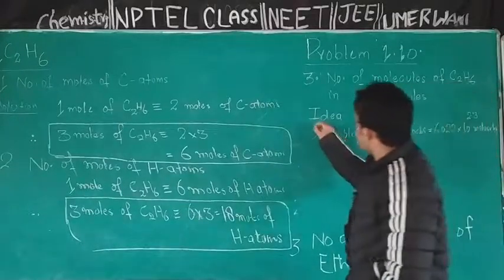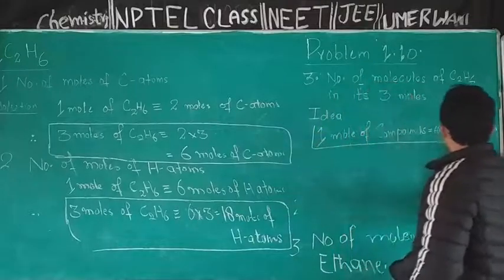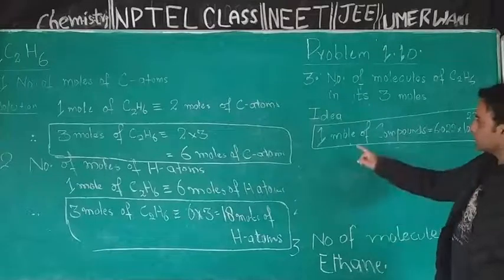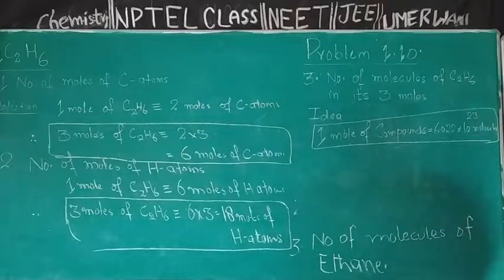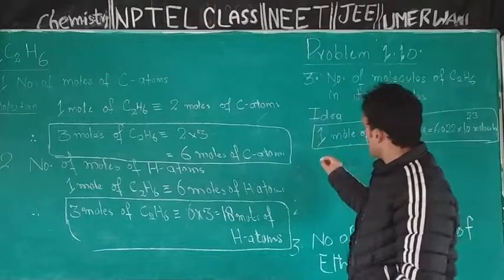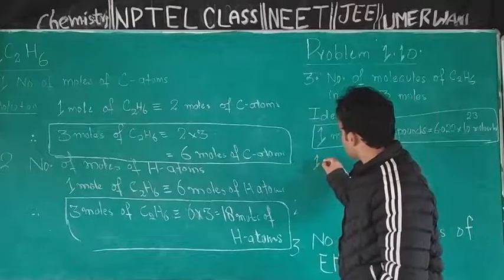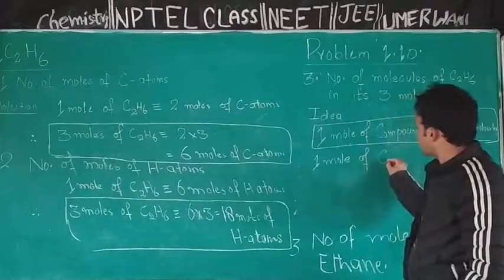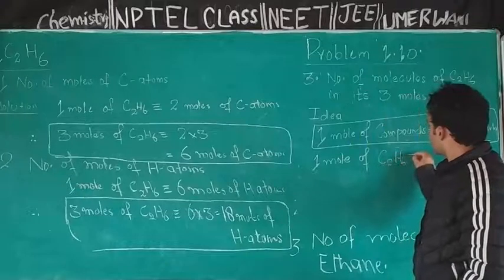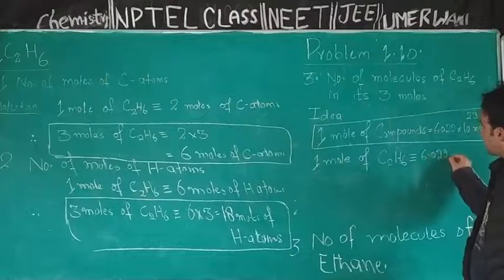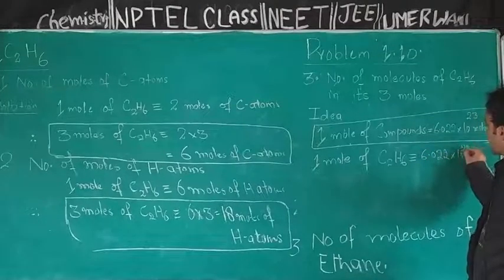This is general for all the compounds. In any compound, its 1 mole will contain 6.022 into 10 raised to power 23 molecules. And if I apply this information on ethane, I will say that 1 mole of ethane contains 6.022 into 10 raised to power 23 molecules.